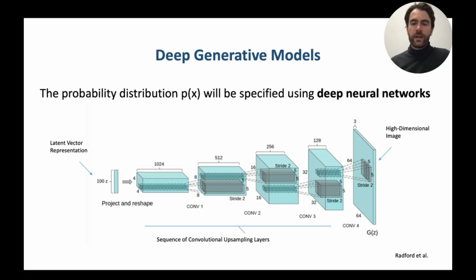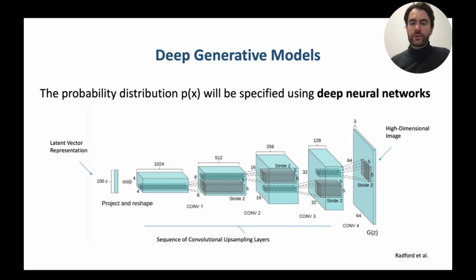So when we draw random numbers, we get images at the output, and the way that these images are created is by following this convolutional process that is defined by our architecture. We are going to see a lot of models of this form.